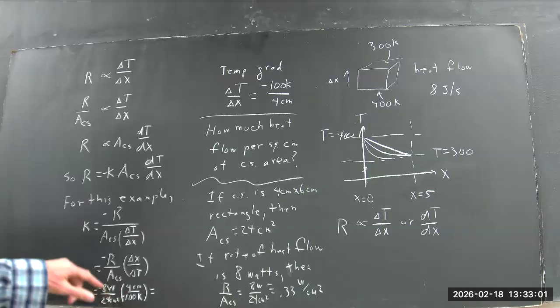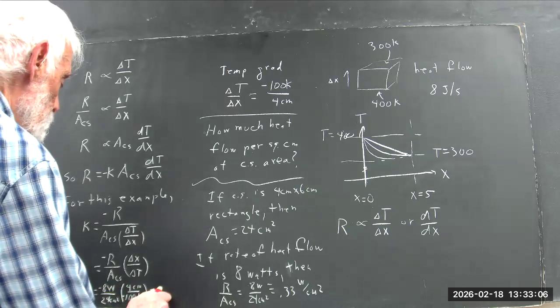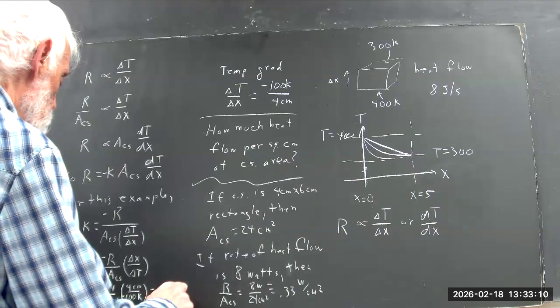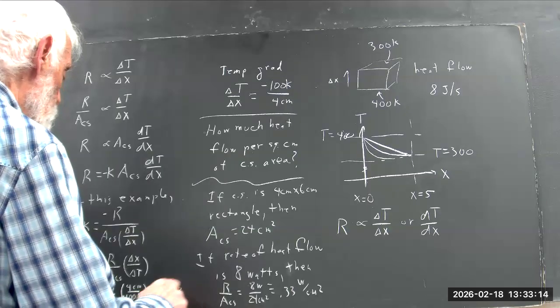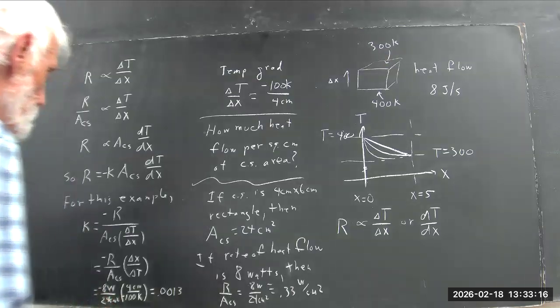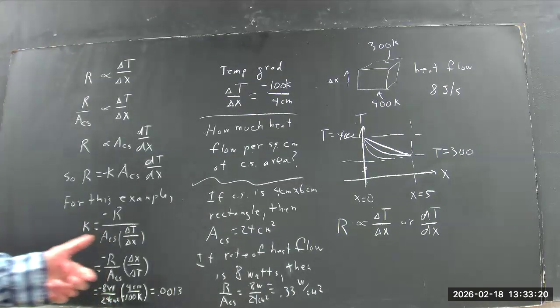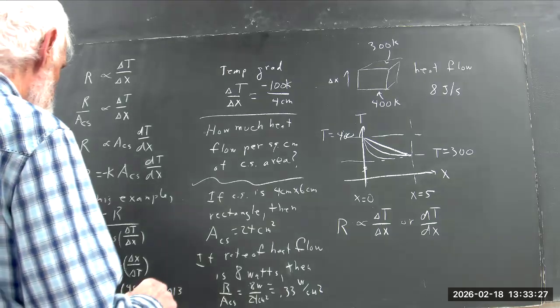So you have 600 on the bottom, you have 8 on the top, and you're going to get 0.0013, if I did it right. Let's see, 0.08 divided by 6. Yeah, 0.0013.